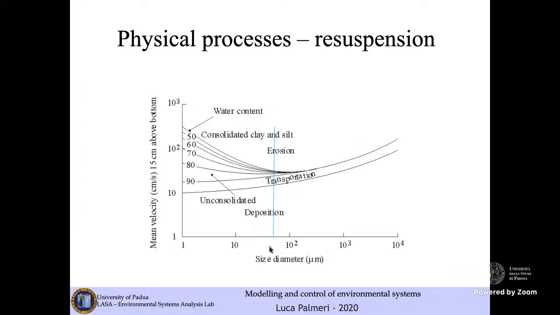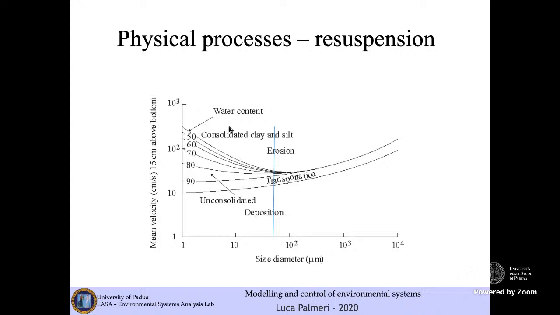Then you will have, according to the different mean water velocity at 15 centimeters above the bottom, deposition, that is what happens for unconsolidated sediment, or you may have transportation, or you may have erosion, that is movement from the bottom toward the water body.